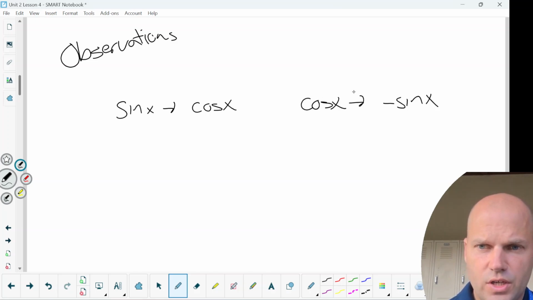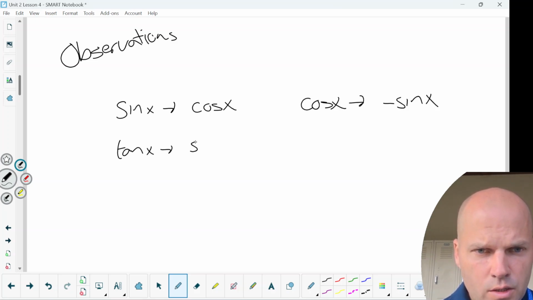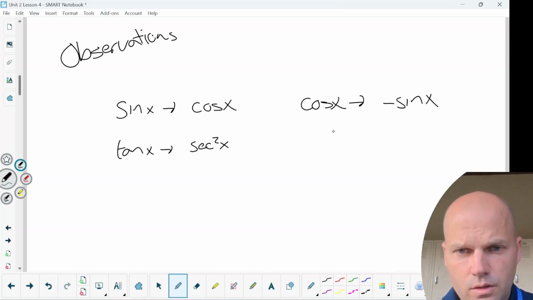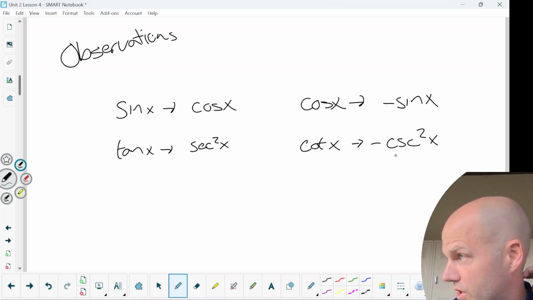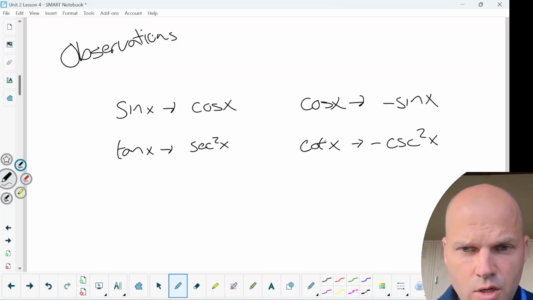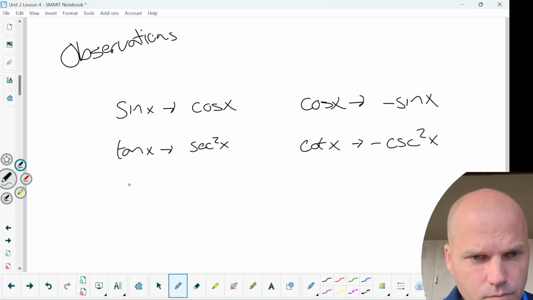Okay, I noticed that the cosine, the c, negative. Tangent slopes are secant squared. Cotangent slopes, the c, we actually get negative cosecant squared. Okay, so tangents, cotangents, very similar slope equations. Cotangent starts with a c, cotangent slopes are negative.